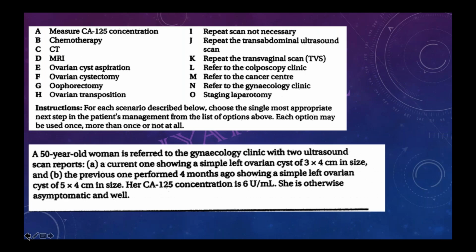A 50-year-old woman with 2 ultrasound scans. The current one shows a simple cyst of 3 to 4 centimeters. The previous one, done 4 months back, showed a cyst of 5 by 4 centimeters. CA125 is fine, and she is asymptomatic and well. What to be done? Repeat the transvaginal ultrasonography later.